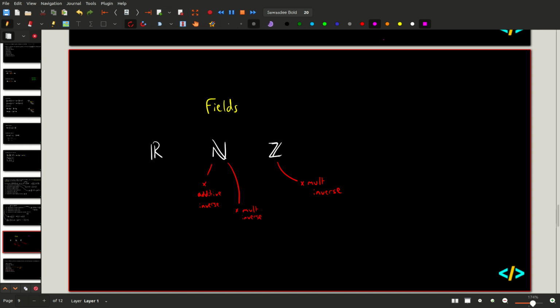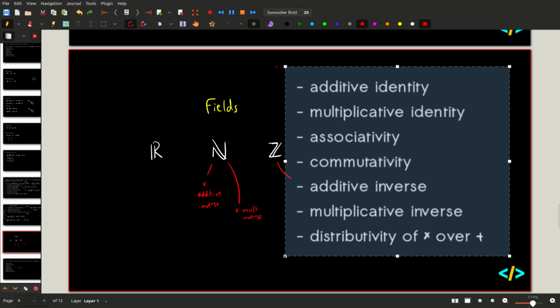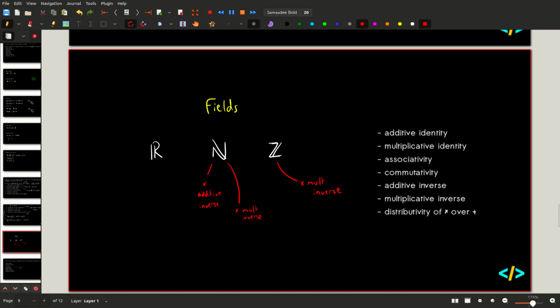And real numbers. Do the conditions meet for real numbers? Let's pull up our conditions again and see if any of them contradict. These are the conditions for a field. With real numbers we have additive identities, additive inverse, and we can do associativity and commutativity.